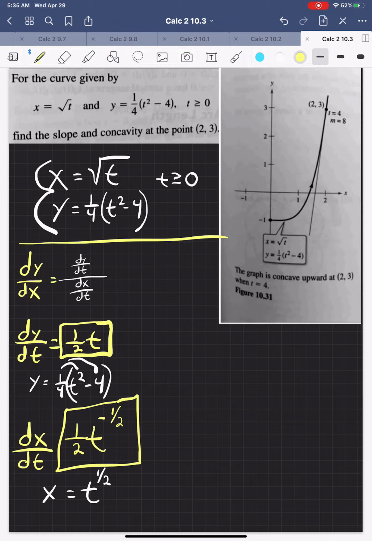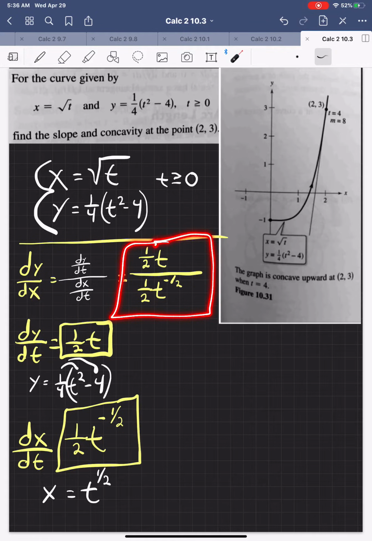So let's go ahead and form our derivative. dy/dt is 1/2 of t, and dx/dt is 1/2 t to the -1/2. Okay, now we want to make this a little bit simpler.